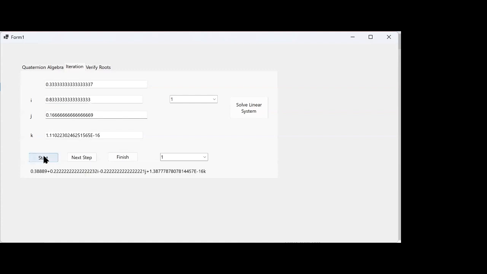First iteration. Here we see the value of the function on this value. Next step. We see that the function becomes smaller and smaller. Next step. We see that our iteration converges to the value x equal to i.